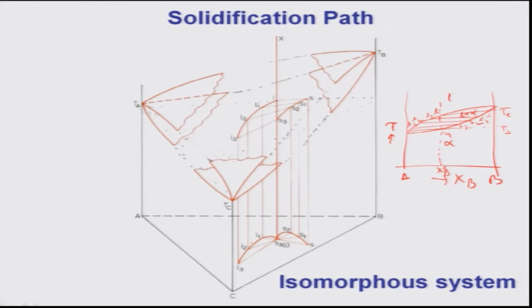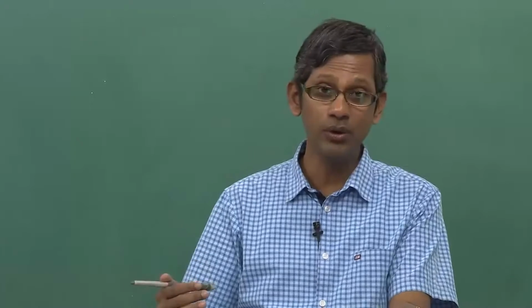The very important message is that we can use these polythermal sections nicely to demarcate how the solidification is taking place, and how the composition of the solid and liquid is changing. Now, this is at equilibrium. Imagine what will happen if you do non-equilibrium.